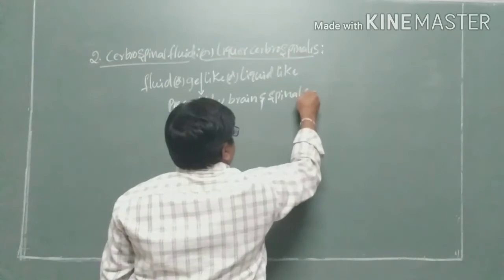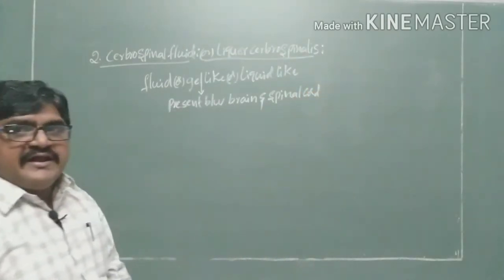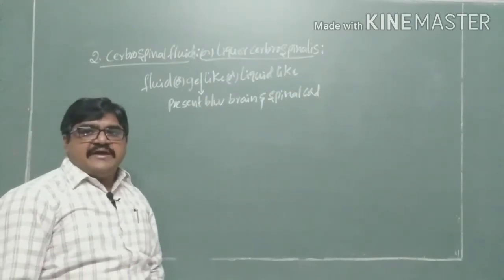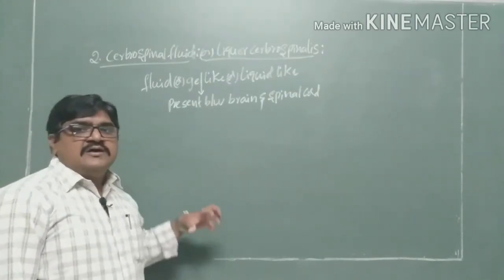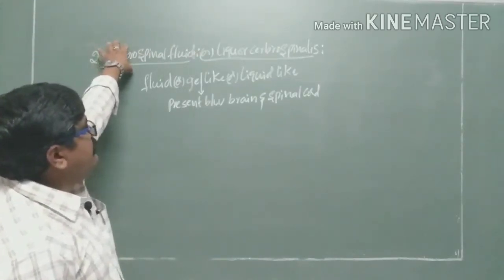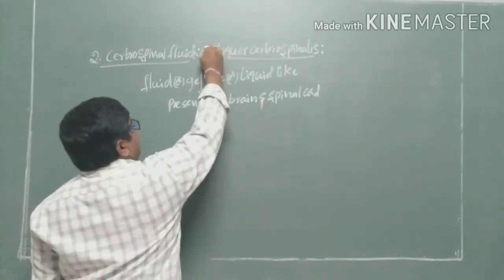So here you can call that the cerebrospinal fluid, the name itself indicating the fluid which is present in the brain and spinal cord. Otherwise it is called liquor cerebrospinalis.